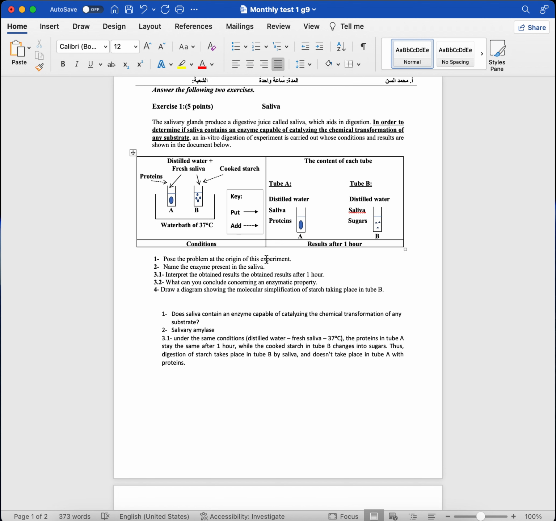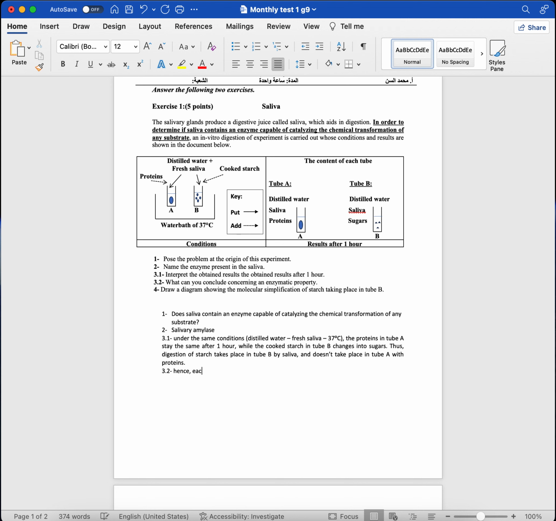So here focus on the significance and the variable factor. Thus, digestion of starch takes place only in tube B by saliva and doesn't take place in tube A with proteins. Draw out an enzymatic property.